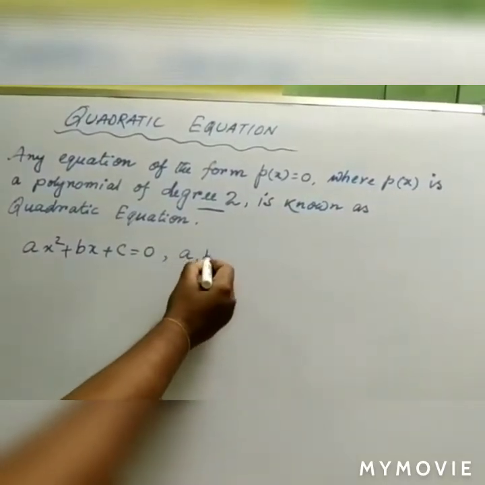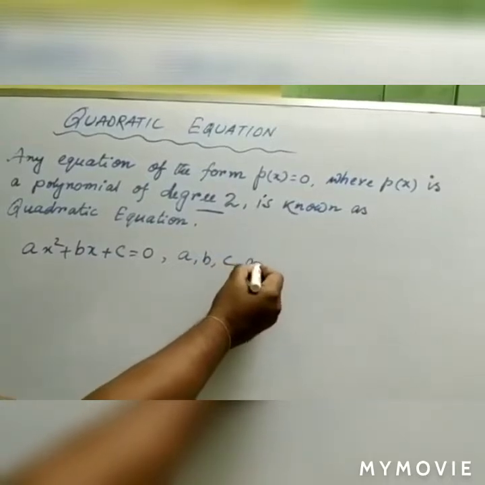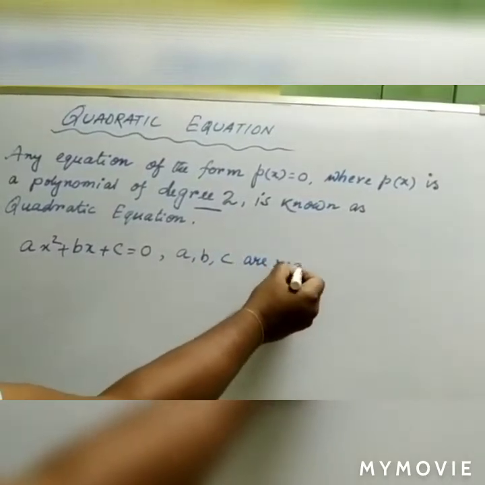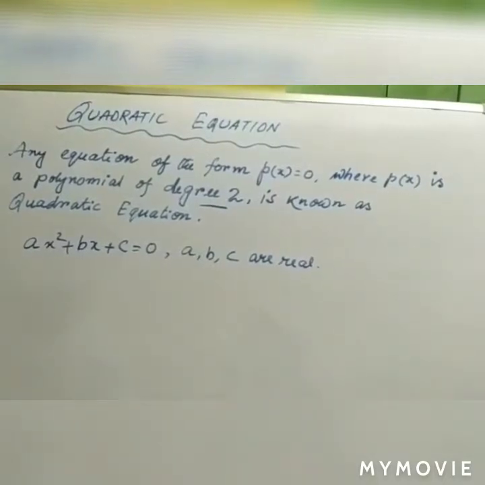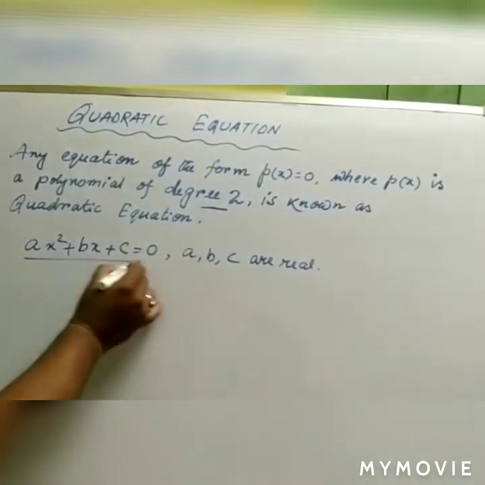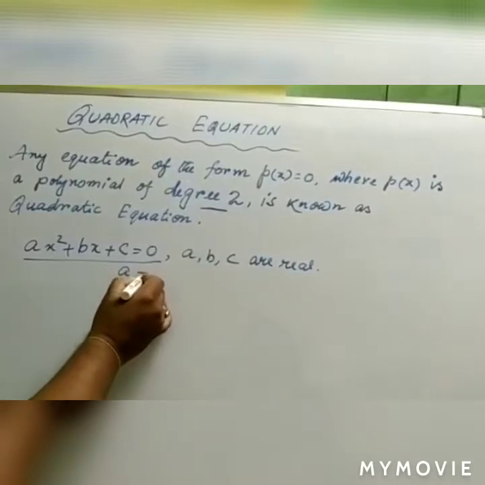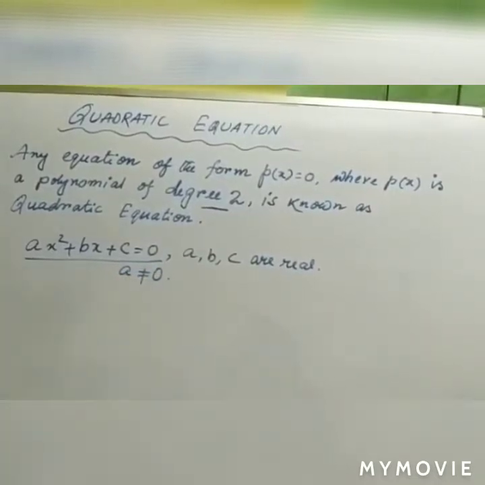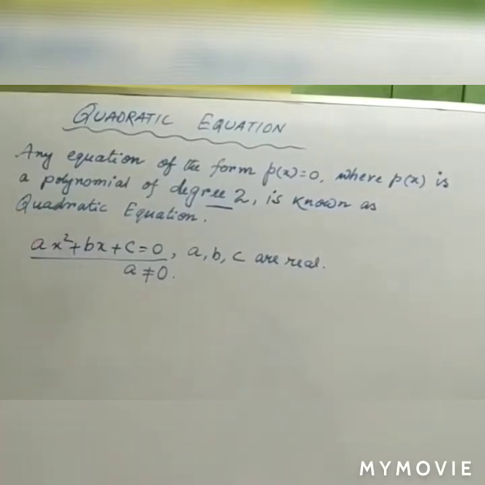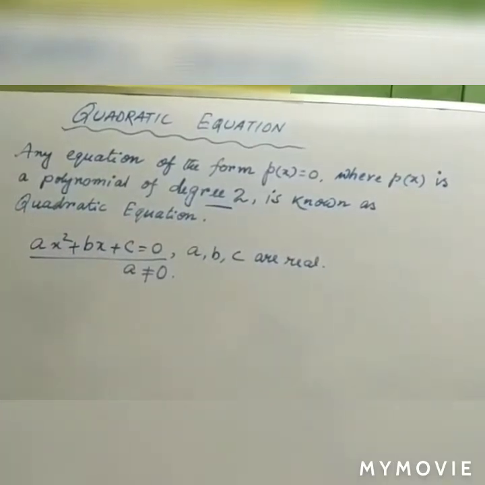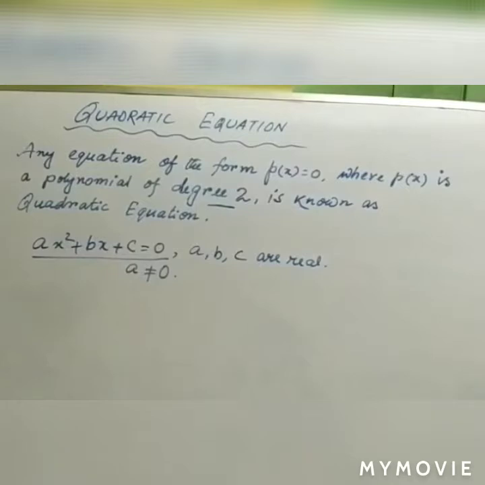Also, one necessary condition for a quadratic equation is that a is not equal to 0. a cannot be 0. If a becomes 0, then the quadratic part will no longer exist, and it will be a linear equation.